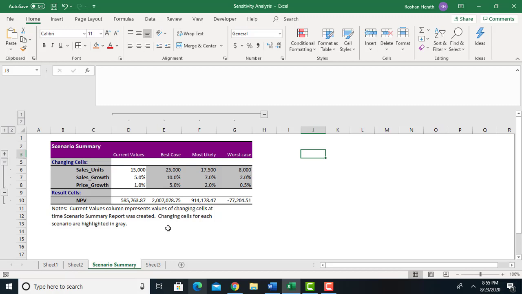If you apply those weights and get a weighted average figure, it would be a good representation of this NPV value. It's up to you to decide how to arrive at a single NPV value considering all the cases. But here it shows under different scenarios what the outcomes are. So it is the basic application of scenario management.